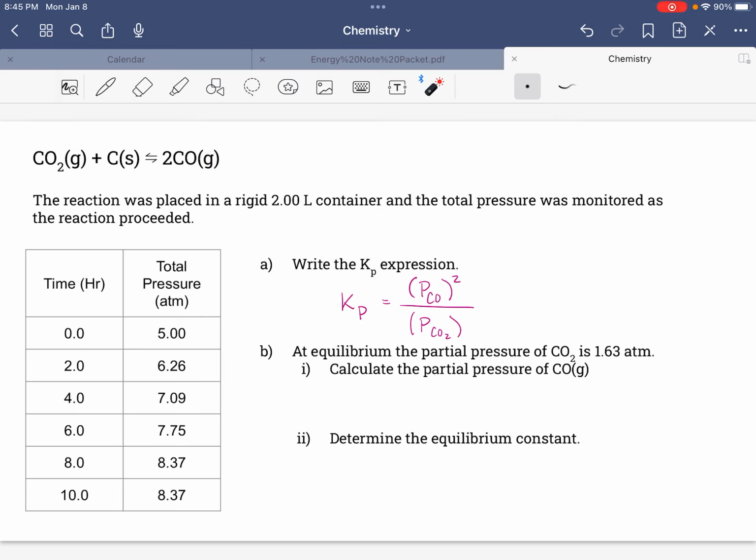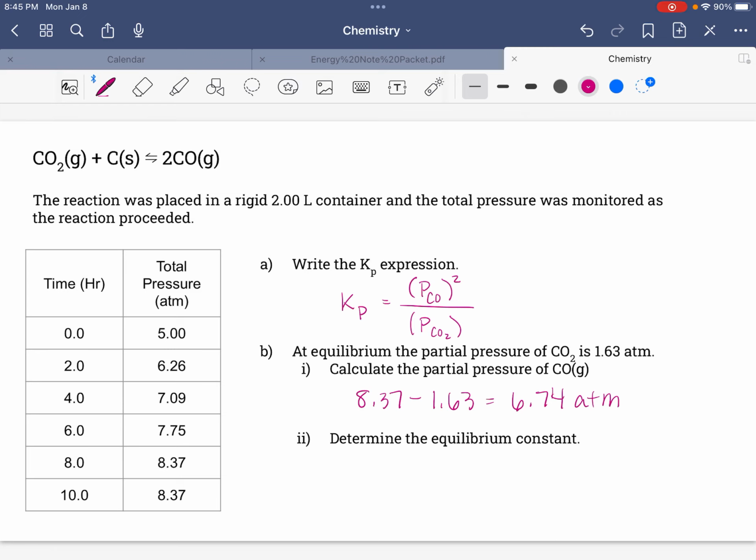If the partial pressure of our CO2 is 1.63, and we know that the total pressure of the canister is 8.37, I can determine the partial pressure of CO just by subtracting. So 8.37 minus 1.63, and the partial pressure of carbon monoxide is 6.74 atmosphere.